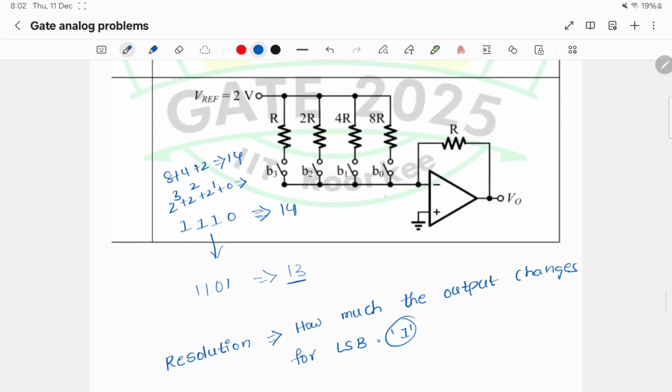If we change the LSB, that is, if we make B naught as 1, this will be connected to this, and the Vref is 2 volts, and the current of 2 by 8R will flow in this direction.